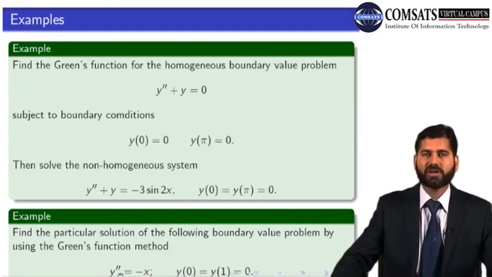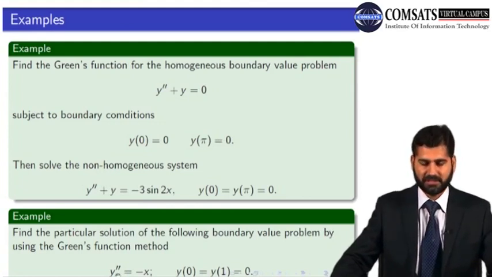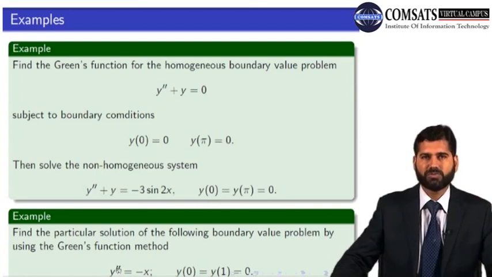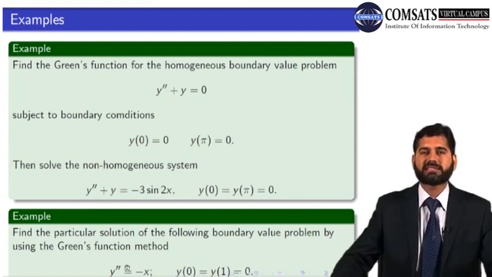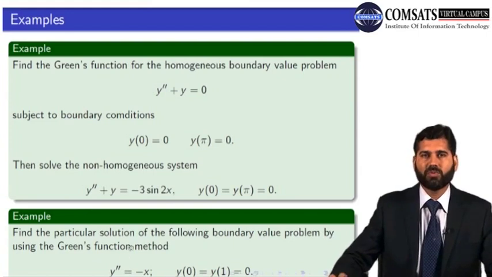Similarly here, what are your two solutions? y double prime is equal to minus x. So c1 x plus c2, so one solution is x and one is 1. All right. If you take the auxiliary equation here, it's m squared is equal to 0. So m squared equal to 0 means your m is 0.